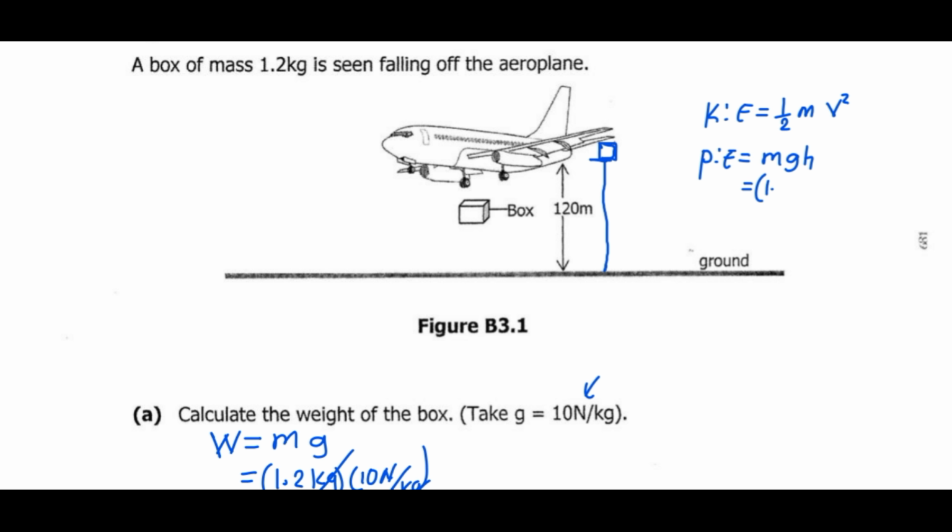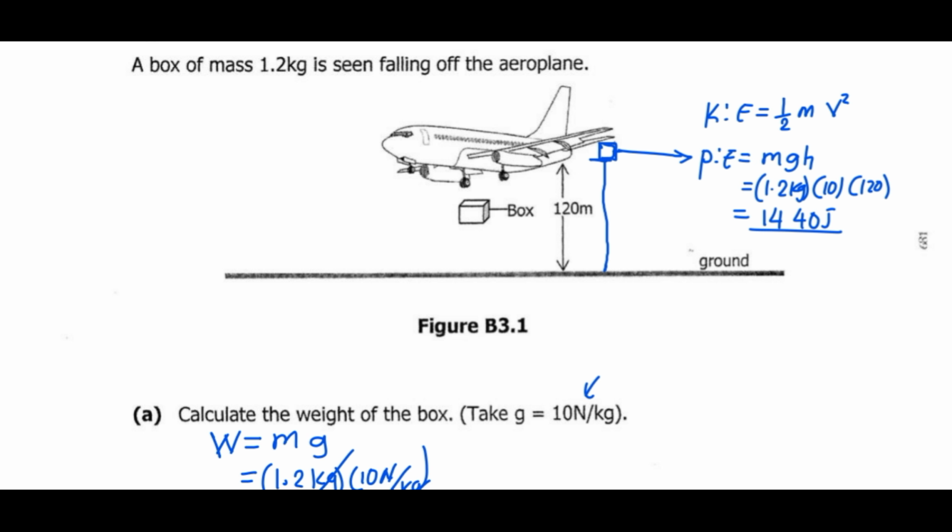So the mass is 1.2 kg, gravity is 10, height is 120. If we multiply 1.2 times 10 times 120, you get 1,440 joules. So that was the potential energy at this point.